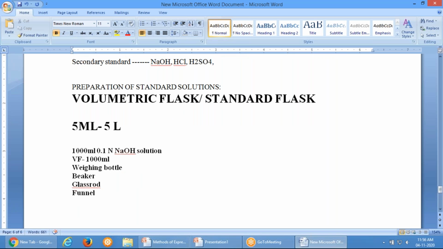The chemicals required are just sodium hydroxide and distilled water. In volumetric analysis, we use distilled water. What is the difference between normal water and distilled water?